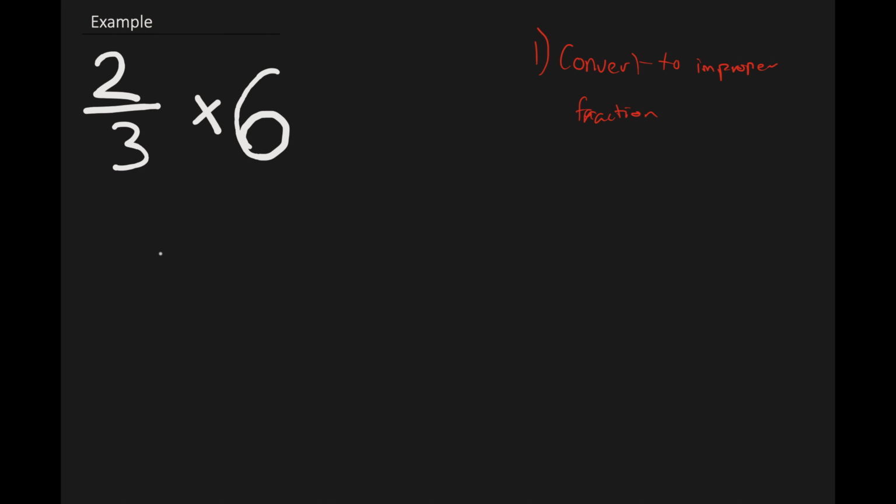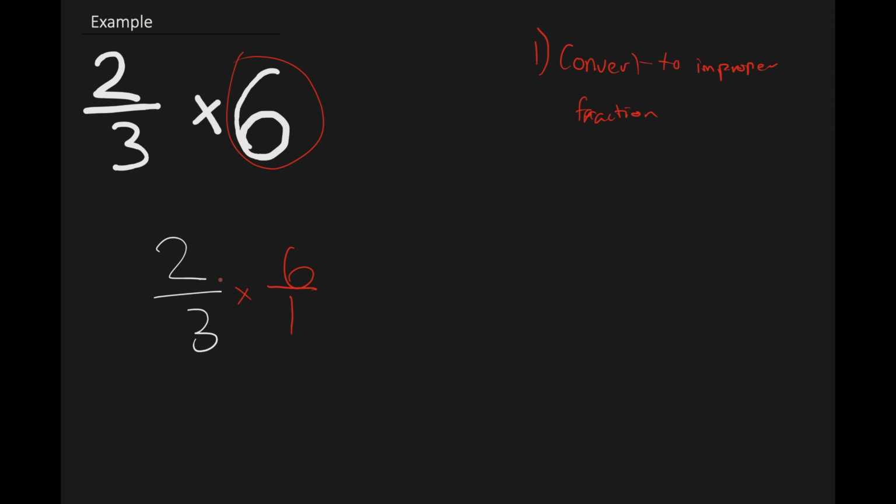So we have 2/3, obviously. What you're going to be doing, you're going to convert the 6 into an improper fraction. So how do you write one whole? 1. How many wholes do we have? 6. So what we did, we converted this whole number into an improper fraction.